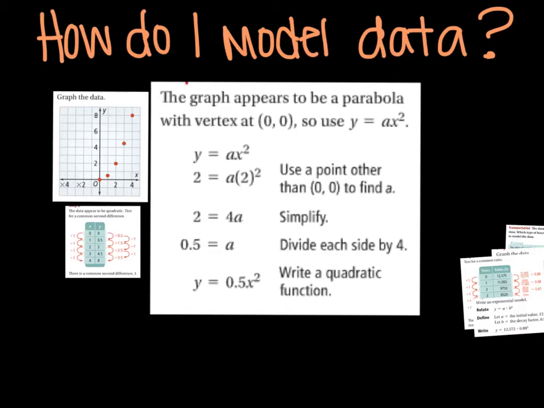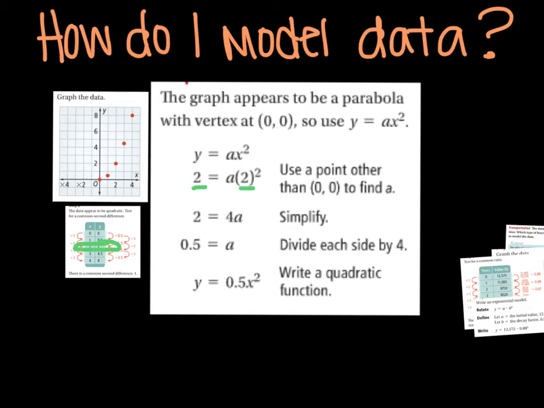You want to be specific, so any point that comes from the table. In this case, it was the 2, 2 point right here. But you could have picked the 3, 4.5. You could pick the 4, 8. It doesn't really matter. Anything on that table you can use.